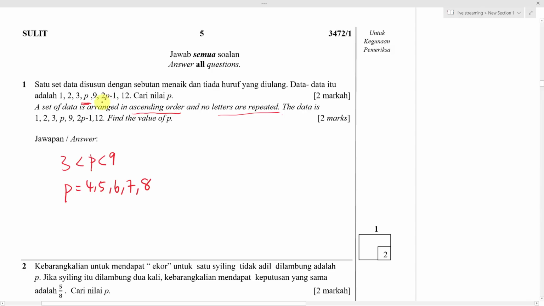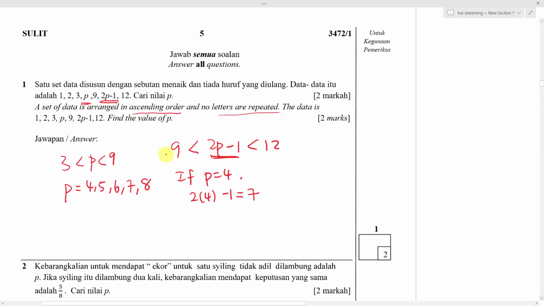Then we go to the next number, 2P minus 1. It must be between 9 and 12. So I try plugging in one by one. If P equals 4, substituting into 2P minus 1, you get 2 times 4 minus 1, which is 7.